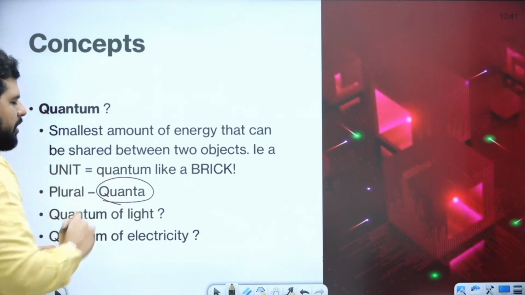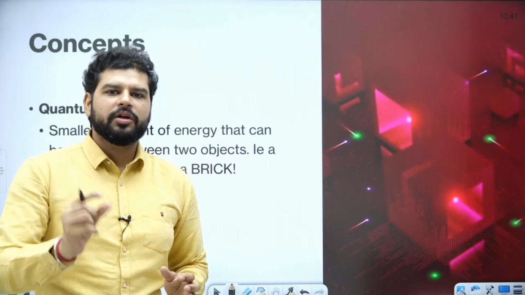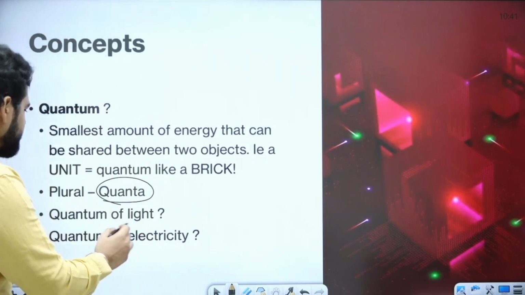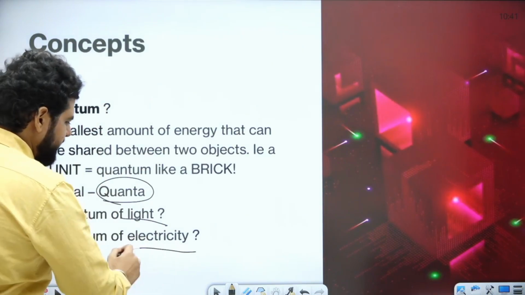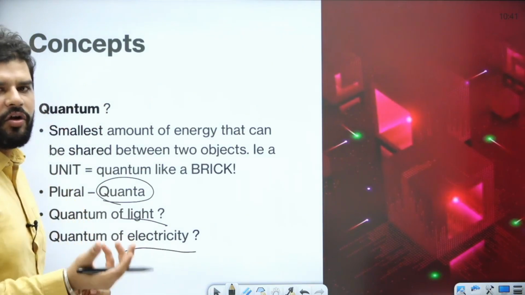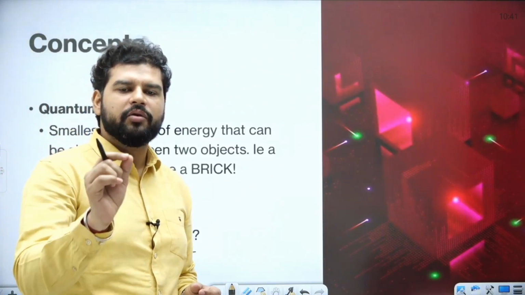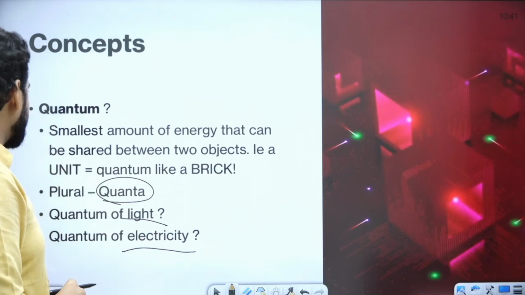In a physical house, the smallest quantum of a house is a brick. I hope now you get it. So what is the quantum of light? It is the photon. What is the quantum of electricity? It is the electron, right? So this is how you can understand that one photon and one electron are the quantum of light and electricity respectively. Let's move ahead.